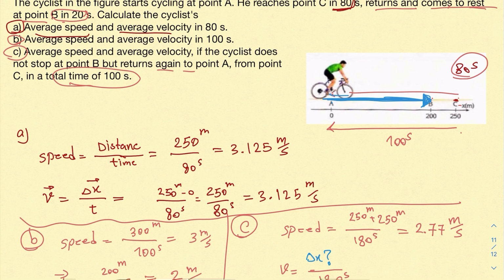Looking carefully at this problem, this cyclist goes to C and then from C comes back to A. So the initial and the final position are the same. Therefore, my displacement here is 0, so the average velocity will be 0 in this case.